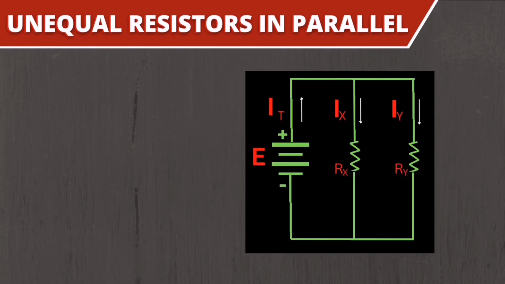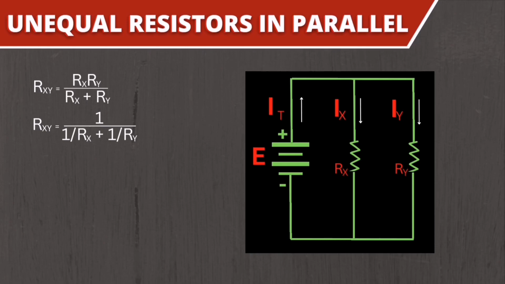Another related condition to number 4 is that when two resistors are connected in parallel, their equivalent resistance is equal to their product divided by their sum. Or simply R sub xy equals Rx times Ry divided by Rx plus Ry, which is also derived from the R total formula: R sub xy equals 1 all over 1 over Rx plus 1 over Ry, and equal to 1 all over Ry plus Rx, all over Rx times Ry.